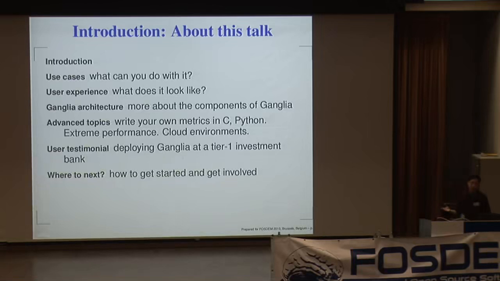But if you want to collect your own metrics, like how your Apache server or your memcached is doing, or basically anything you can somehow collect from your operating system, you can plug this information into Ganglia. I'll go into it in a little more detail.